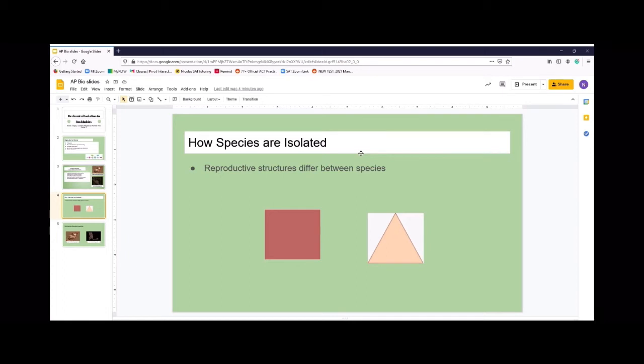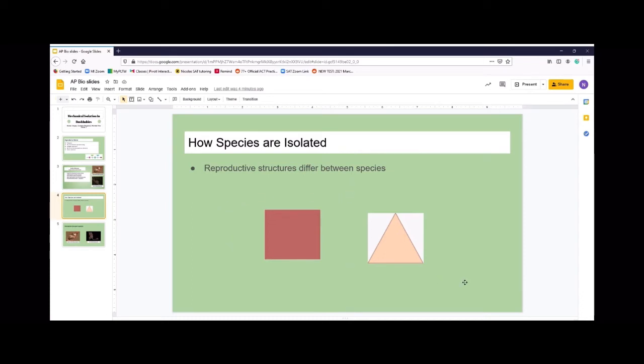It's kind of like a set of lock and key, where the key can only fit into a specific lock and not into other locks because it doesn't fit. This prevents interspecies mating, which results in infertile offspring which are not able to reproduce, which is bad.